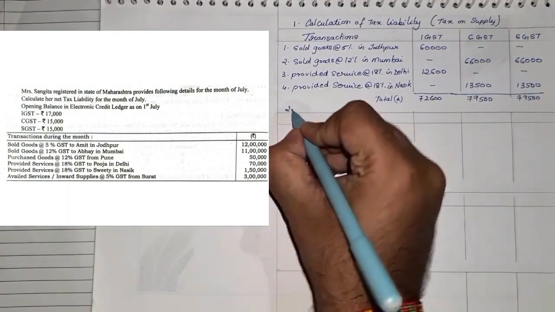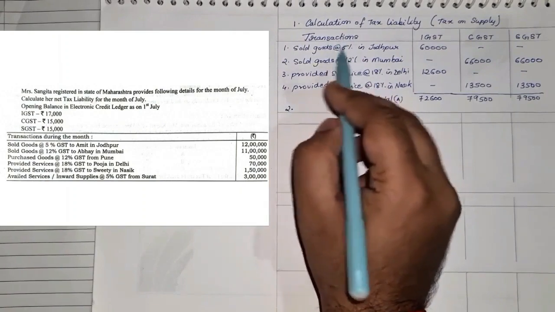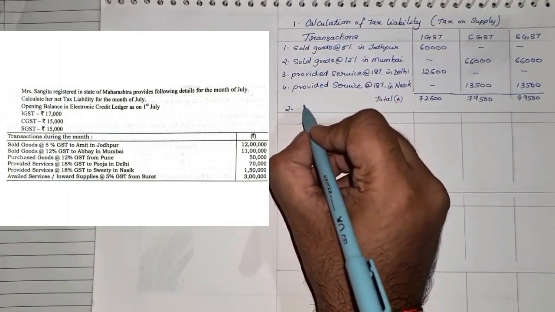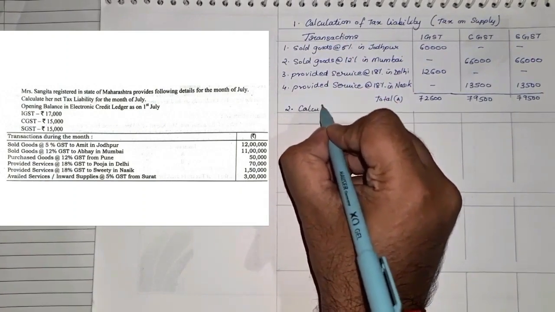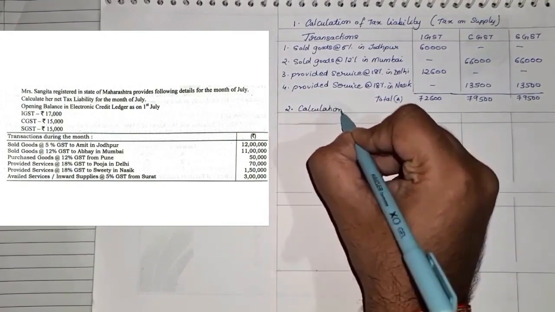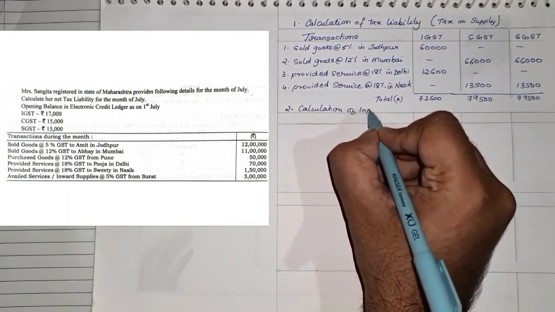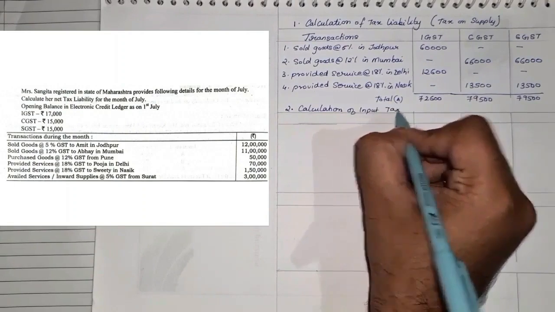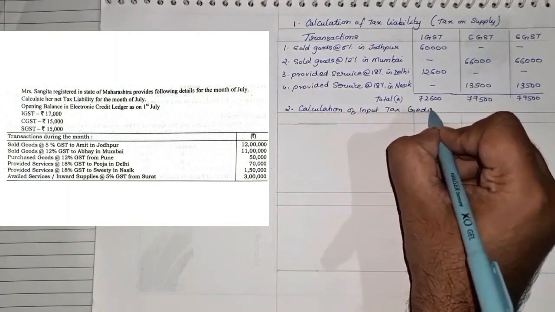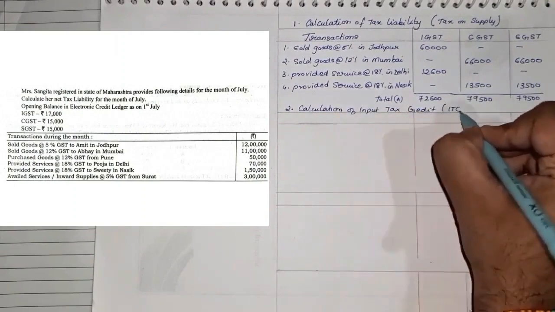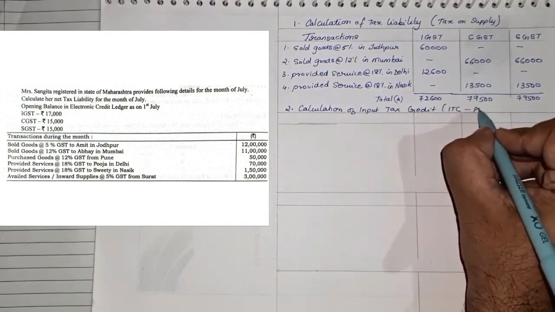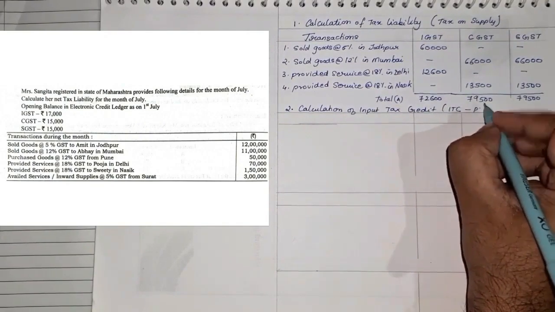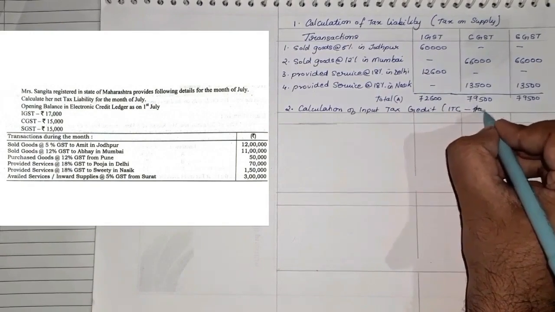Step number 2. This was all on supply, step number 1. Now we'll have all on purchases. So it will be written as calculation of input tax credit. It is ITC, and it is basically purchase with tax. Basically, tax on purchases.